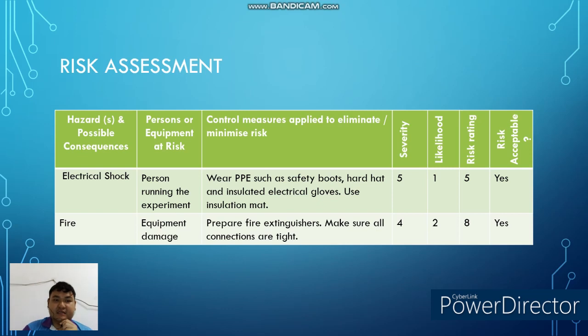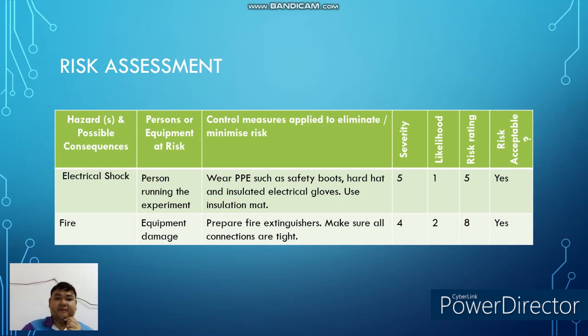So next is the important part, risk assessment. There are two possible consequences. One is electric shock and fire, but in the rating, we can control it, monitor it, and manage it.